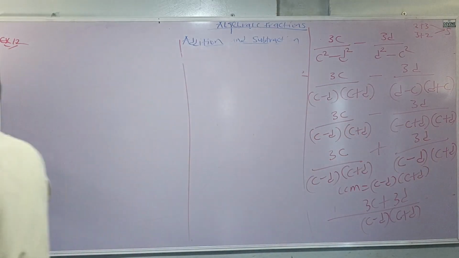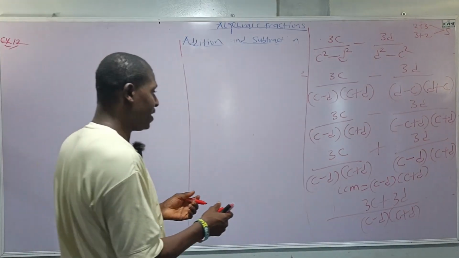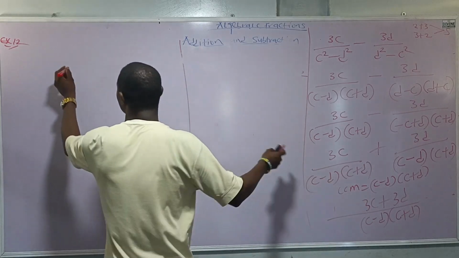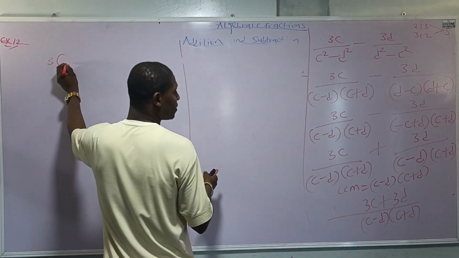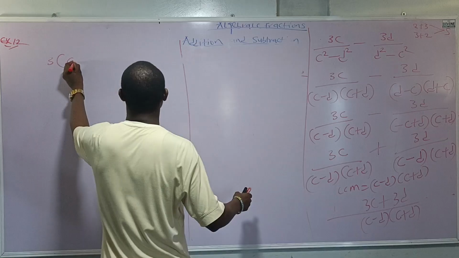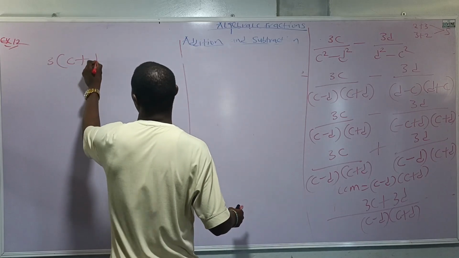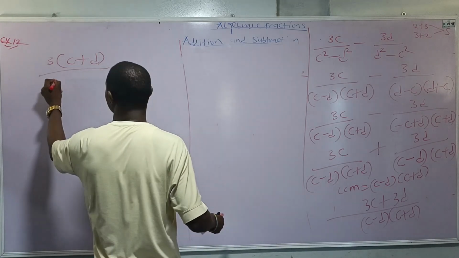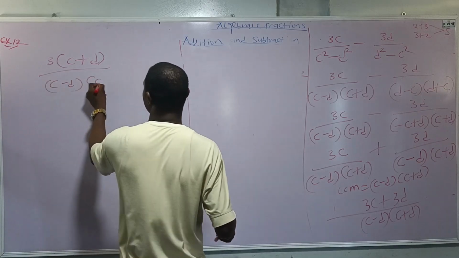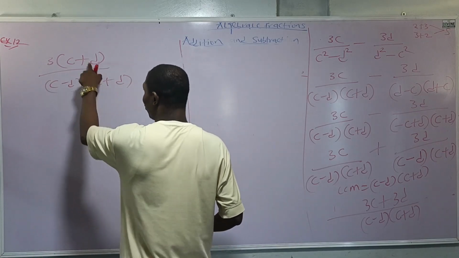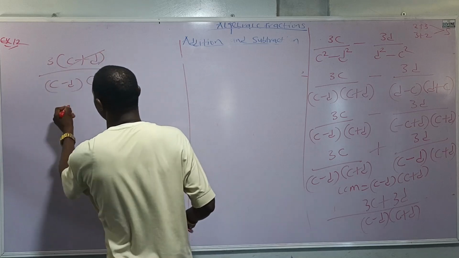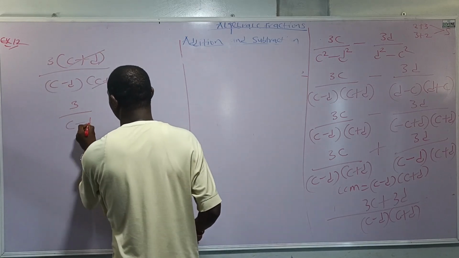So my next step becomes 3 is common. 3 brackets 3c divided by 3 will give me c, and 3d divided by 3 will give me what? D. All over c minus d and c plus what? D. So you see c plus d can cancel c plus d, and my final answer is 3 all over c minus what? D.